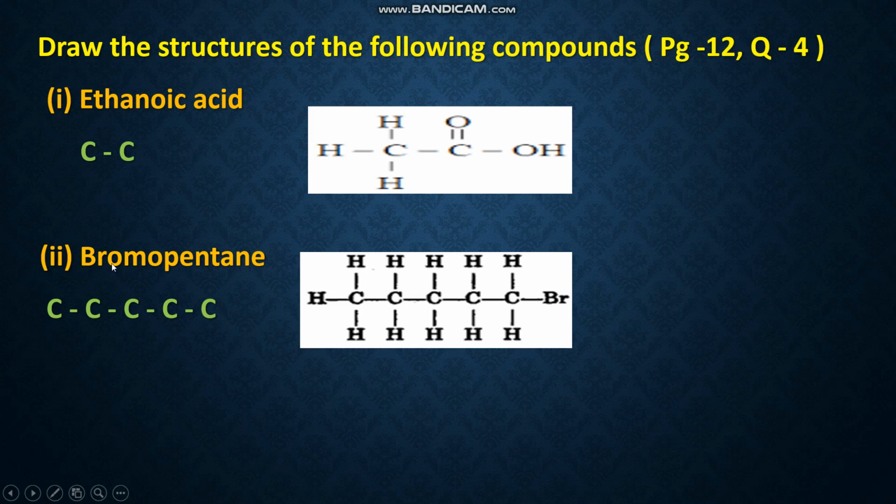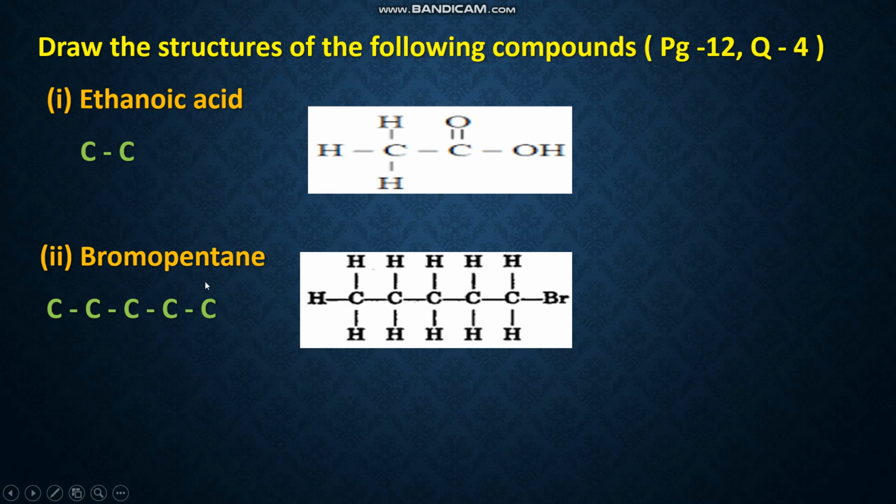In the bromo group there is no carbon in the functional group. So on these 5 carbons you have to attach one bromo, Br group. In the previous example you see the functional group itself has one carbon, and including that we got the name ethanoic acid, so one carbon you have to make as a functional group.